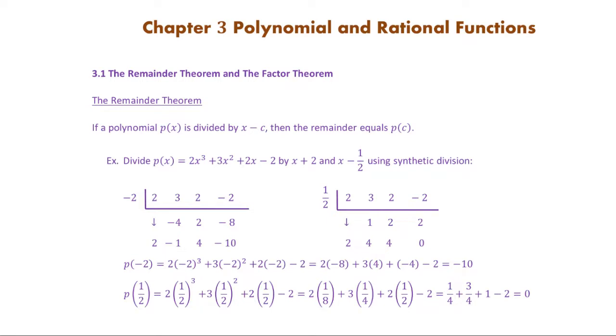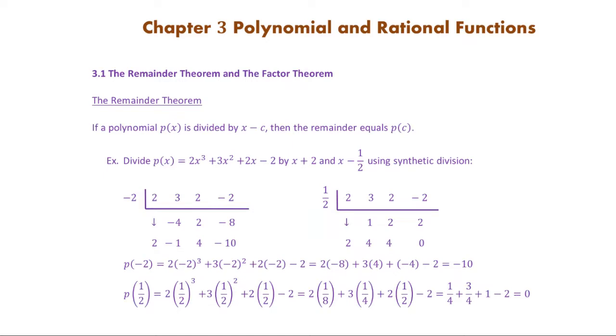If you divide the polynomial p by x minus c, so in here c is negative 2, if we divide by x plus 2, then the remainder equals p of c, which is p of negative 2 in here. And we do have the same remainder, negative 10, both ways, right?